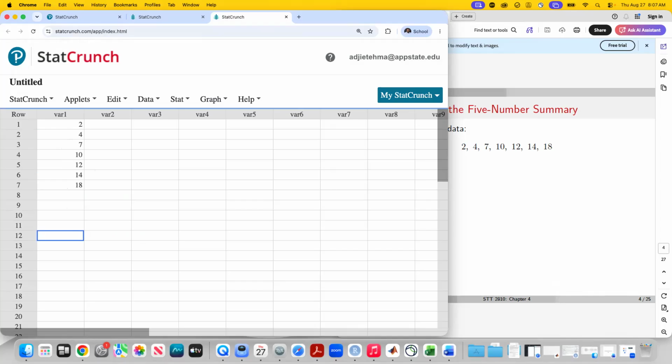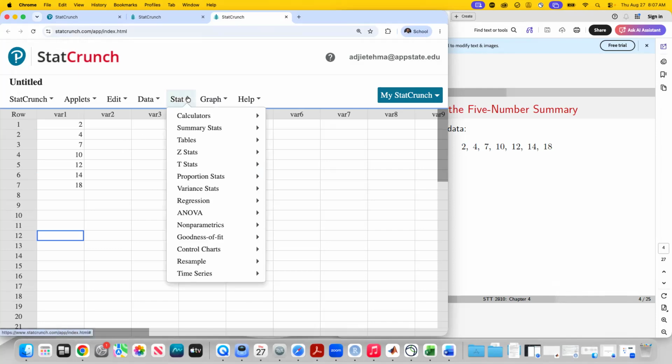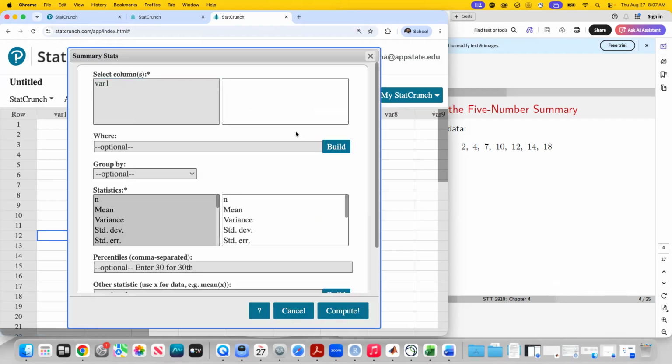Now we want to find the 5-number summary. We learned this last time. We just need to go to Stat, Summary Stats, and then we select Columns. And then we select the column where we inputted our data. In my situation, it is VAR1. Whenever you select that, it appears here.